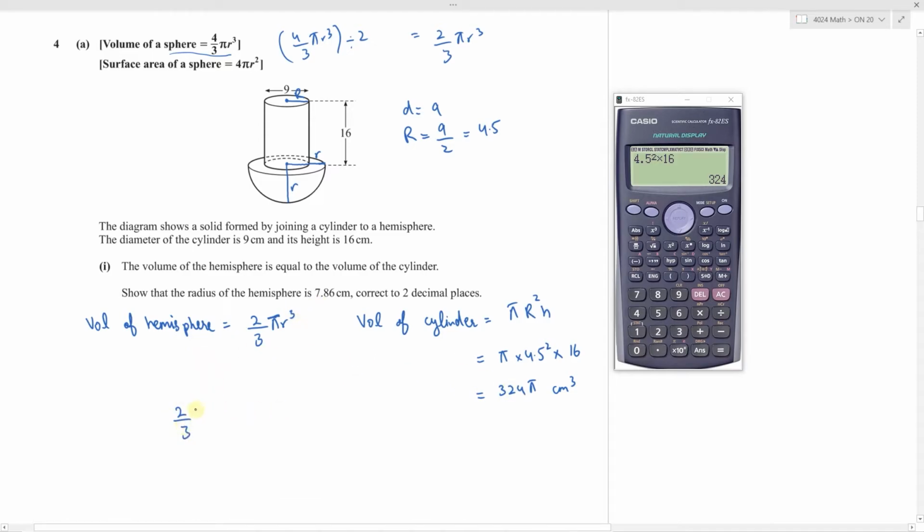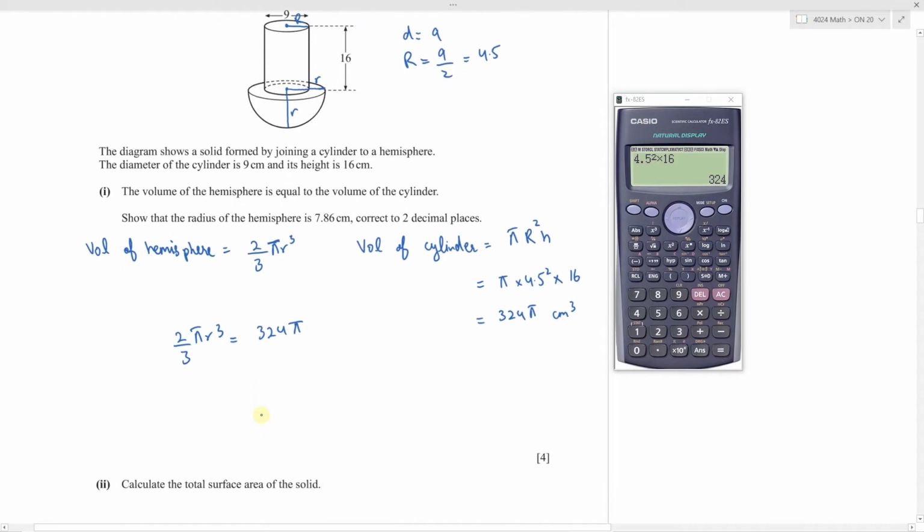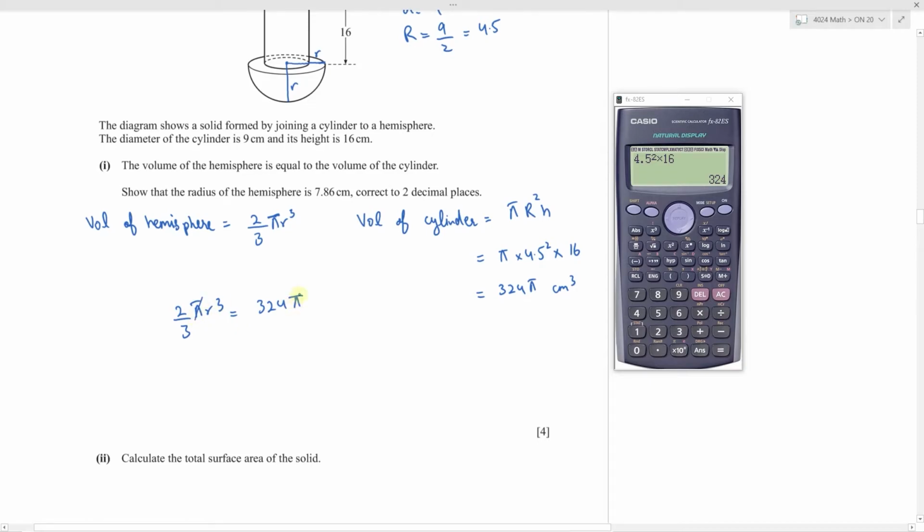So now you're given that both of these volumes are equal. So 2 by 3 pi r cube will equal 324 pi. And now we can solve this equation to calculate the value of r. So pi and pi will cancel out. R cube will equal 324 multiplied by 3 divided by 2. I take this 3 into the numerator on the other side, 2 into the denominator.